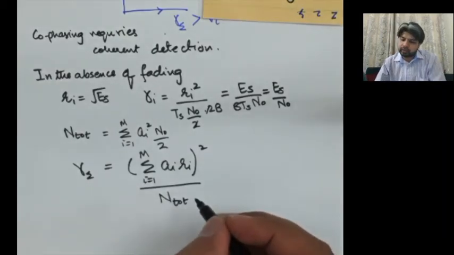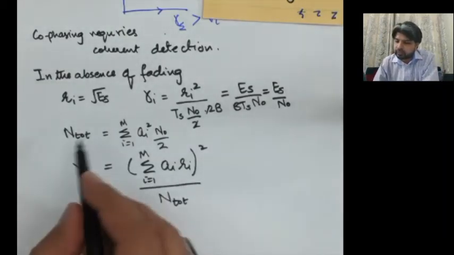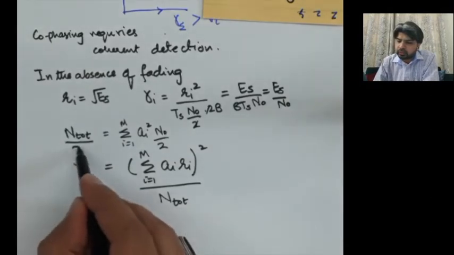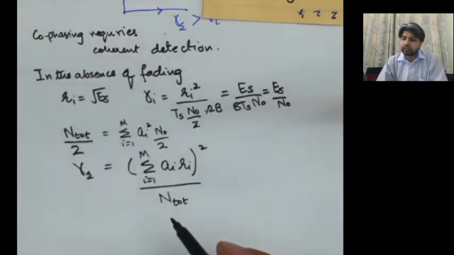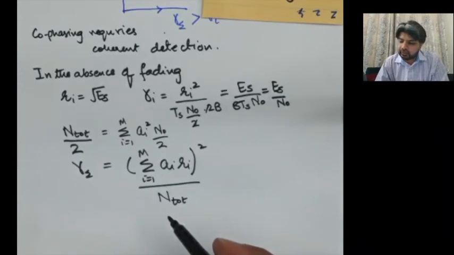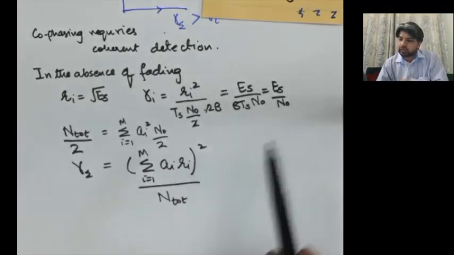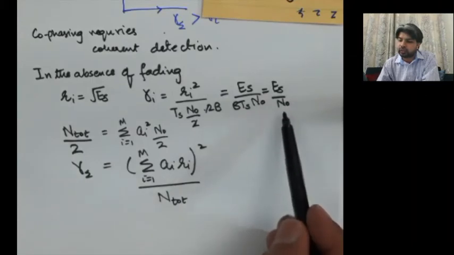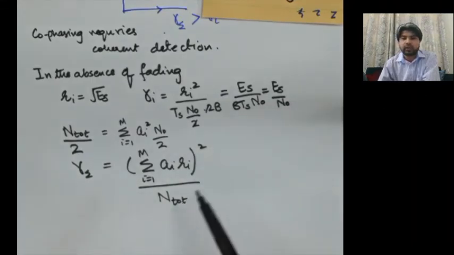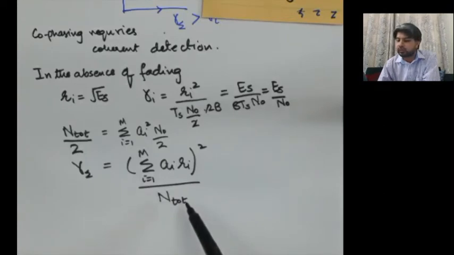Remember, this N total by 2 would be your noise variance at the combiner output, and this is analogous to Es over N0, where N0 by 2 is your power spectral density of the noise.